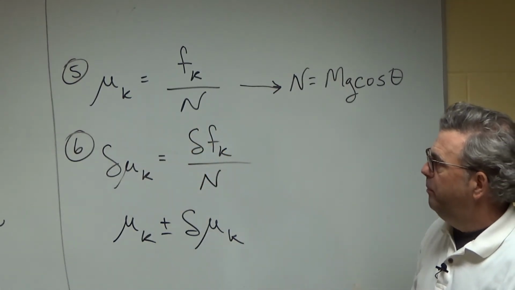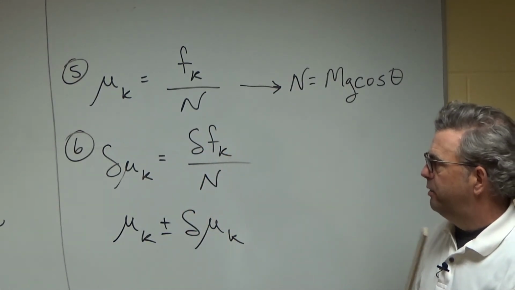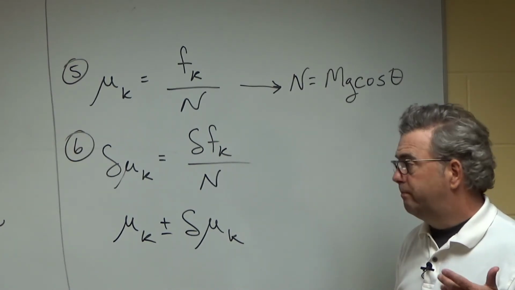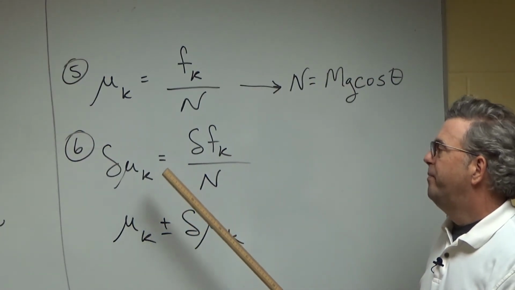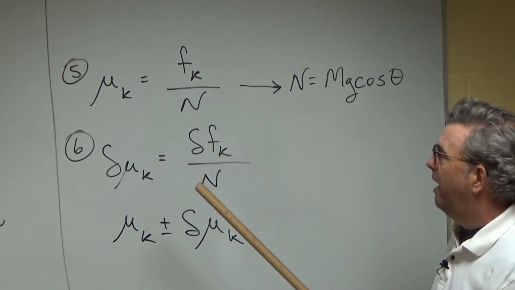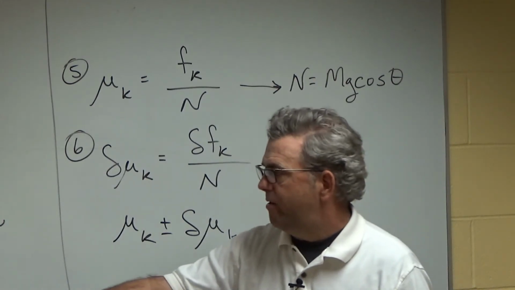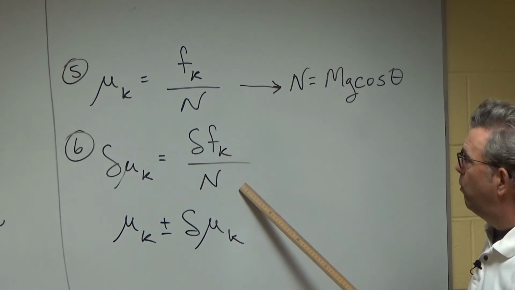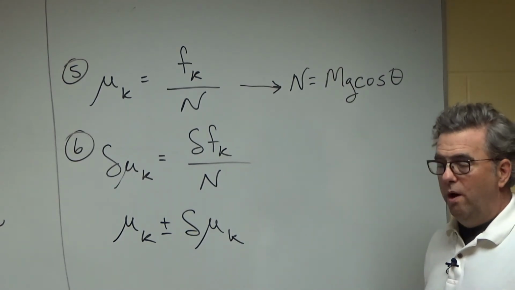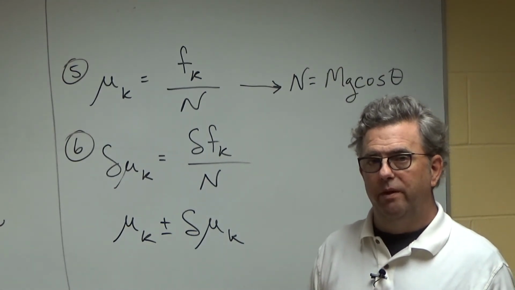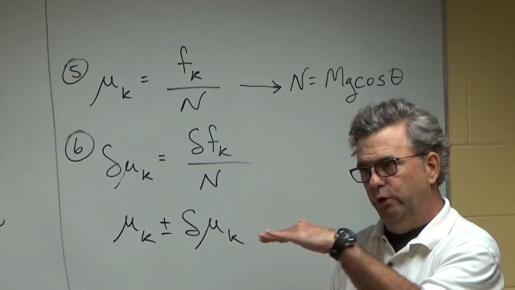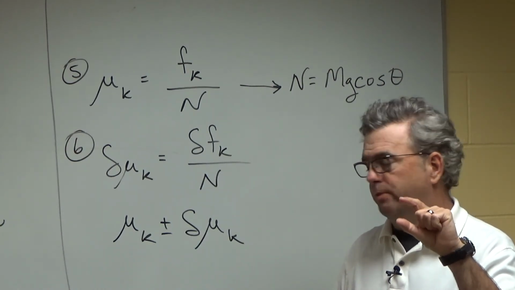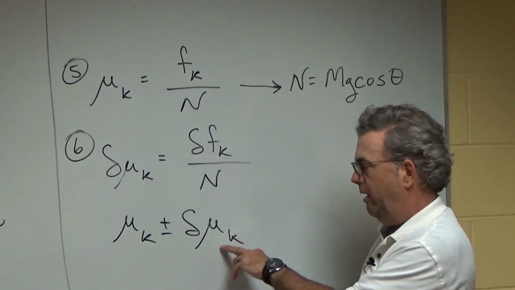So now that you have mu k, you can calculate delta mu k. Delta mu k is the uncertainty in that coefficient of kinetic friction, and that's delta Fk, which you calculated down here in number 4, divided by the normal force. One of the things that you'll calculate for this lab write-up is a plot of mu k with error bars based on delta mu k.